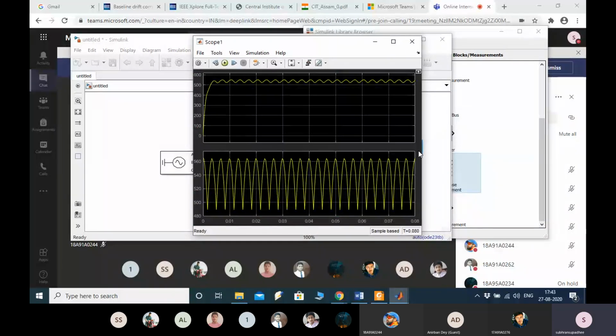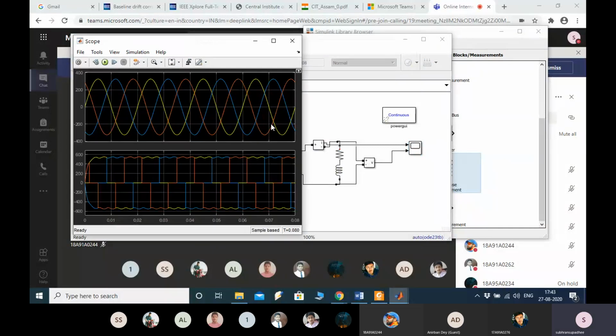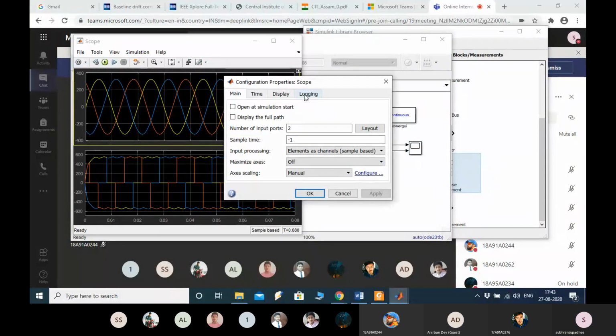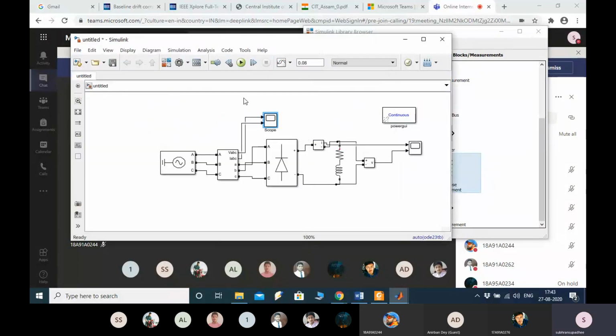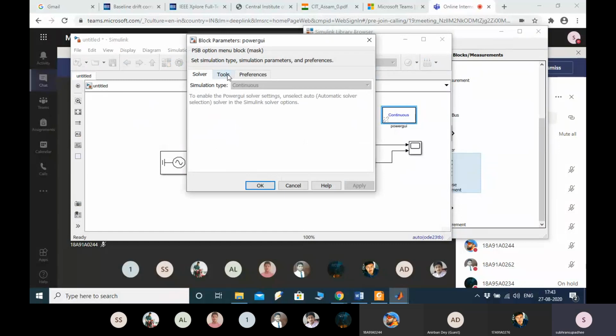And here you get the output voltage as well as output current. Here also we can do the THD analysis. One by one.